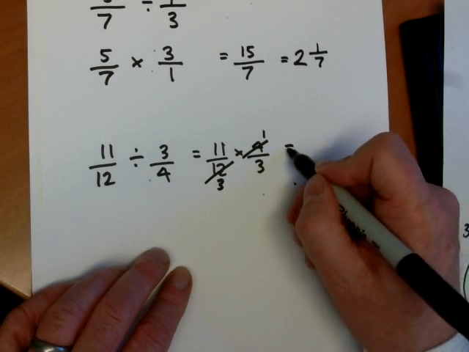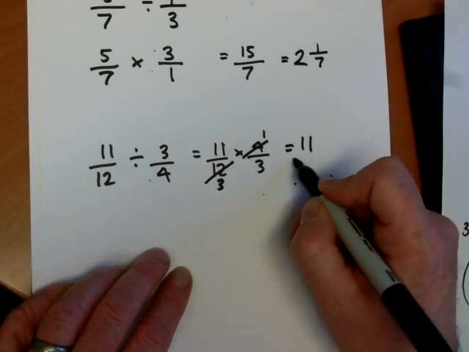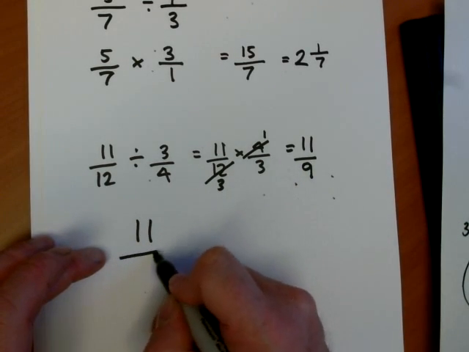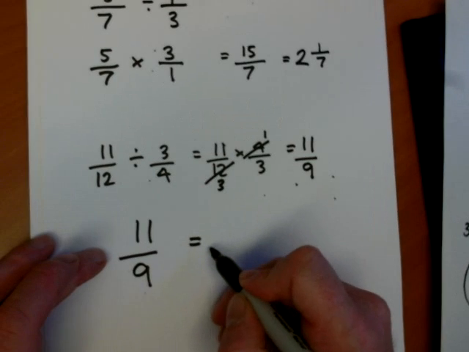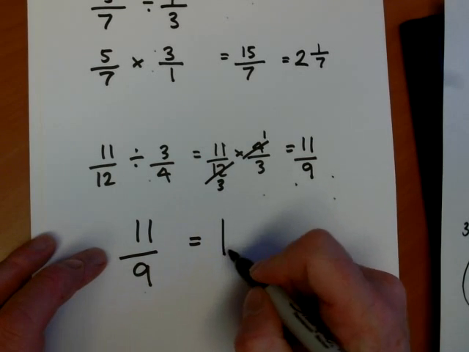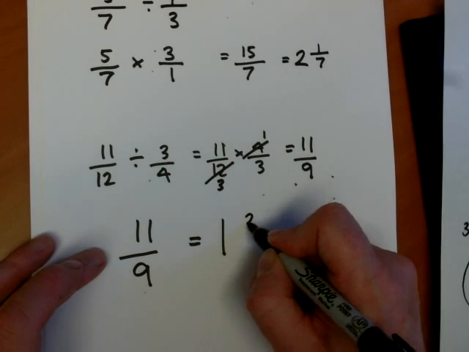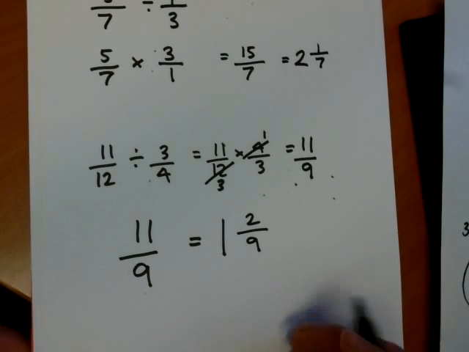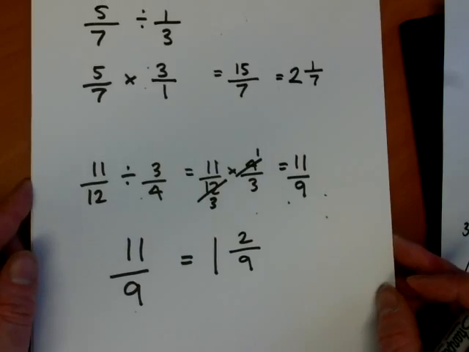So we have 11 times 1 is 11, and 3 times 3 is 9. So we have 11 over 9. Now 9 goes into 11 once, and we have the remainder 2. So our answer is 1 and 2/9. That's multiplying and dividing fractions.